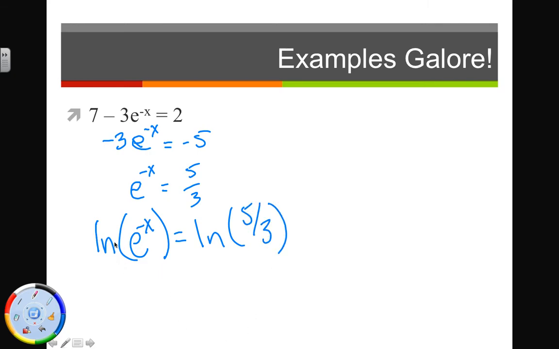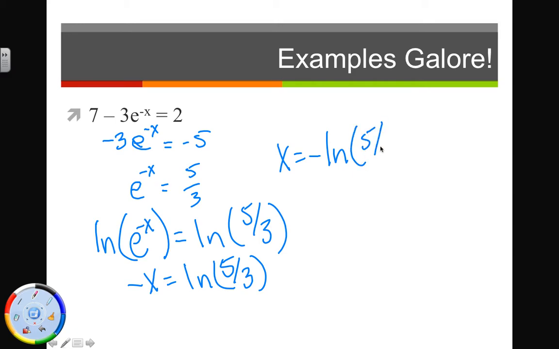And this tells me those cancel, so I can say it's negative x is equal to the natural log of 5/3, which means x itself is equal to negative natural log of 5/3, which is approximately, if you have your calculator in front of you, if you don't, I'll go ahead and do it here. Negative natural log of 5 divided by 3 is negative 0.511.